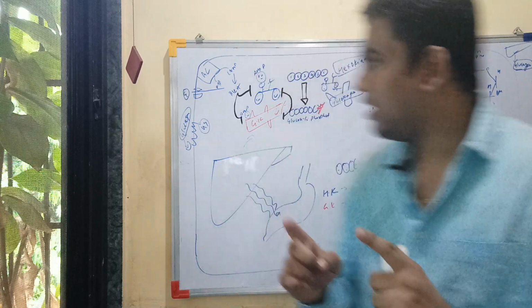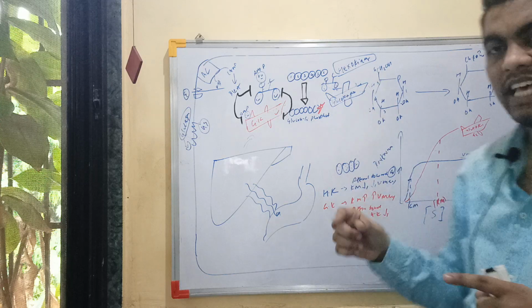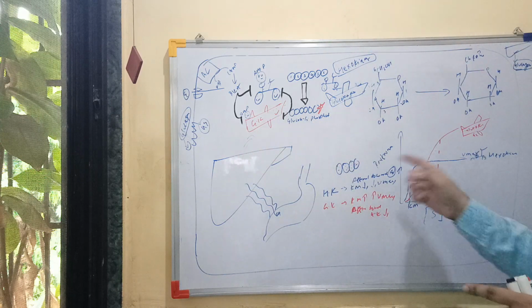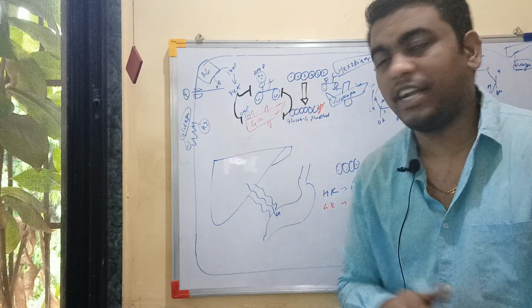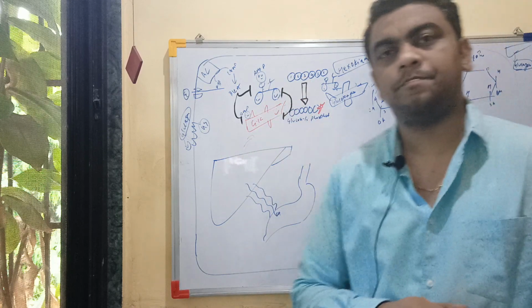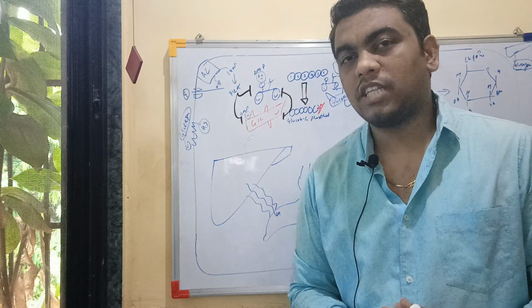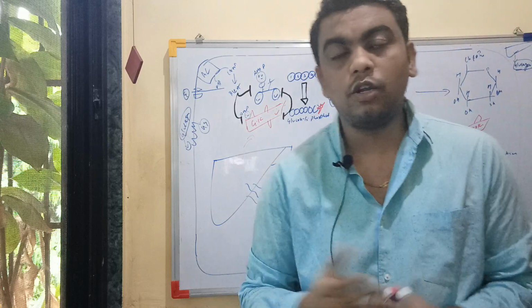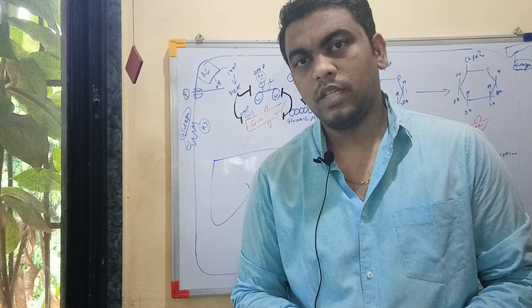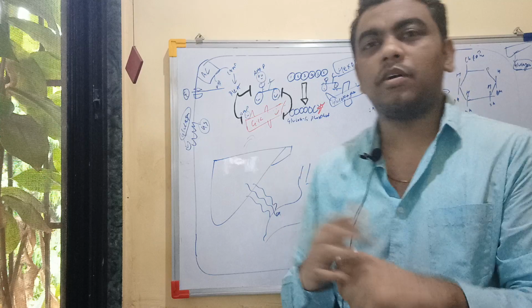Do you want the liver to do glycolysis, to make this glucose into glucose 6-phosphate and push it into glycolysis? We don't want that, because outside, in the blood, we need glucose over there. See, the liver is like a caring mother.